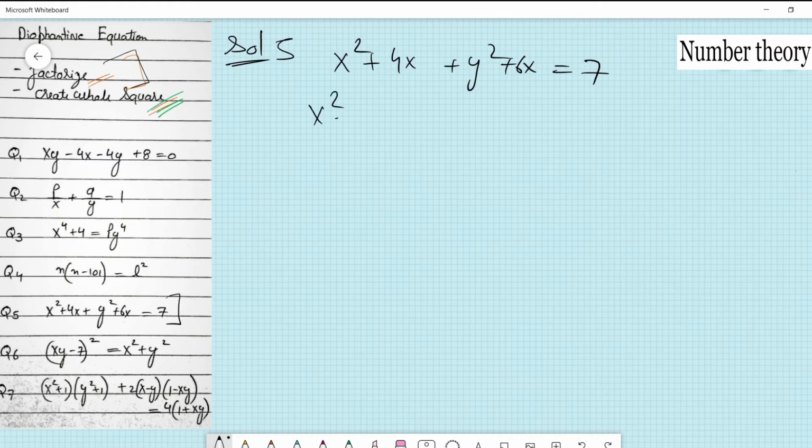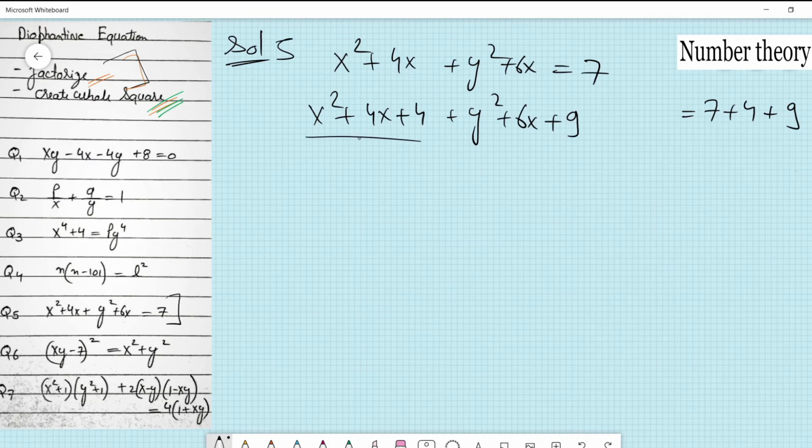We can write this as x square plus 4x plus 4. I will add 4 on both sides. Here I will also add 7 plus 4, and here we write y square plus 6y plus 9, and also I'll add 9 here too. And why have I done this? Because this will make whole squares: x plus 2 whole square plus y plus 3 whole square.